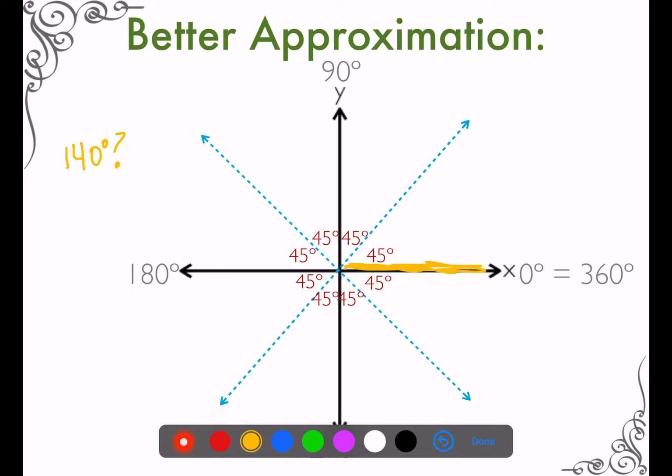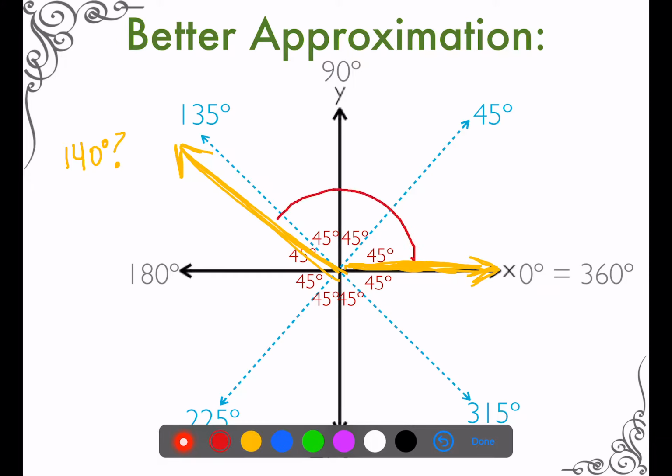That's where I'm going to start. I'm going to 140. Now remember, I know where 135 is, so 140 is going to be pretty close to that. And now I'm going to sketch in my arrow to show you that that's the distance I've traveled. And I would label that 140 degrees.